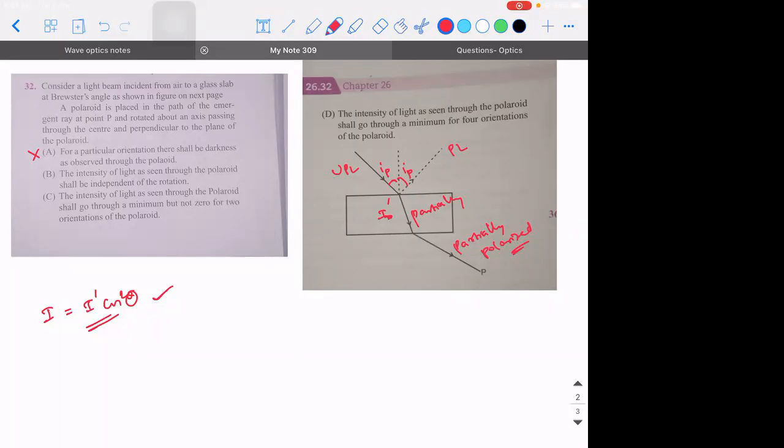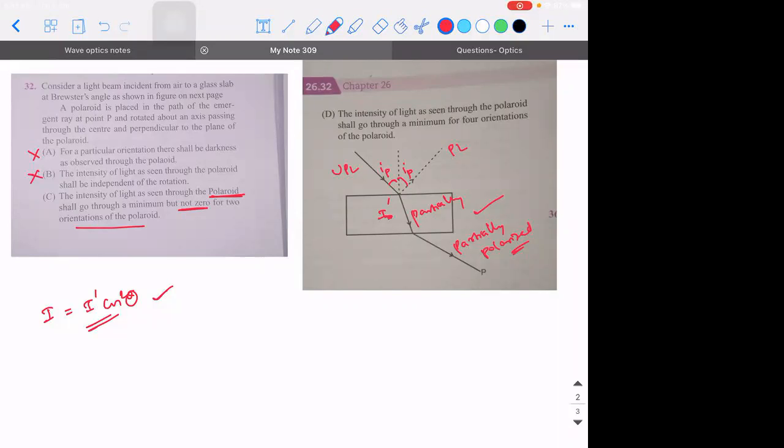Complete darkness only when they are crossed Polaroids. The first Polaroid, this is not a polarizer. Glass slab is not a polarizer. Right? Second, the intensity of light seen through the Polaroid is independent of rotation. No, that is also not accepted. See, the intensity of light as seen through the Polaroid shall go through a minimum but not zero for two orientations of the Polaroid.